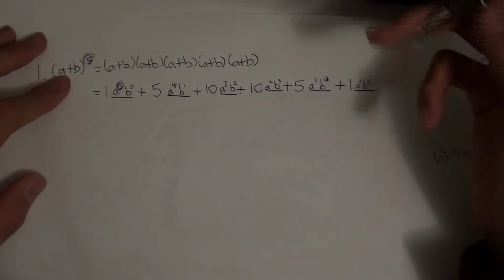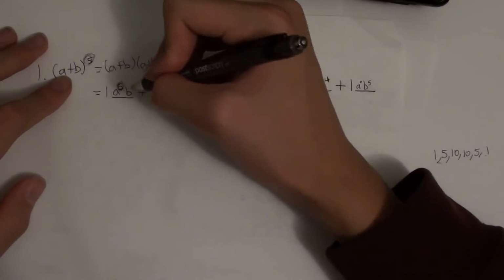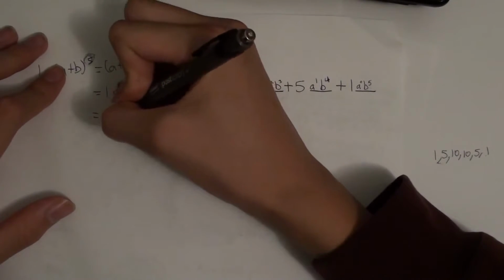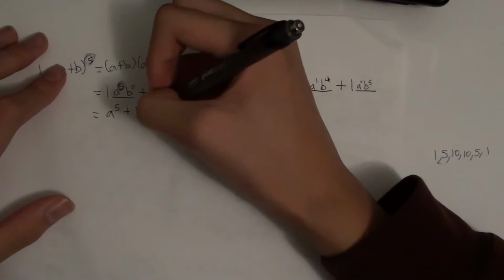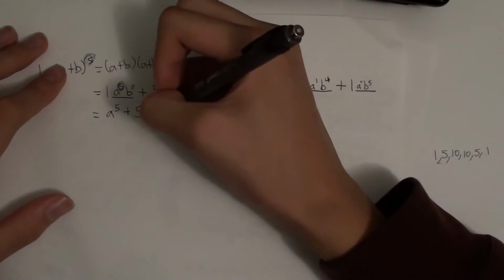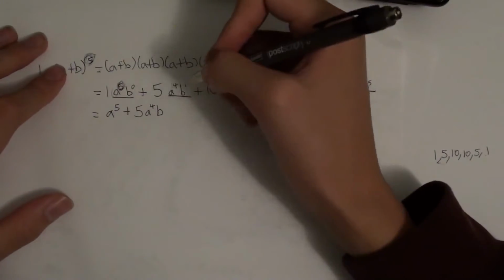So that is the final equation. But of course, we have to take out these unnecessary ones and the unnecessary b to the power of 0s to make it more visually appealing. It equals a to the power of 5 plus 5 times a to the power of 4 times b to the power of 1, which is just b, right?